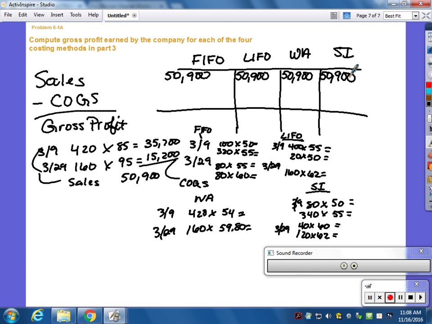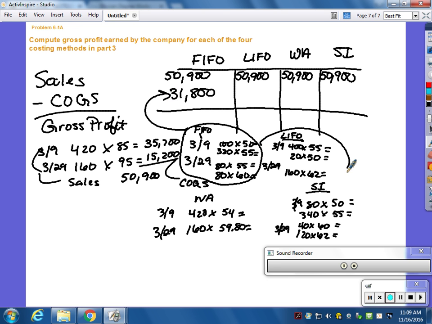Now for cost of goods sold, under FIFO, what's the total amount you have for FIFO? 31,800. What about LIFO? 32,920.